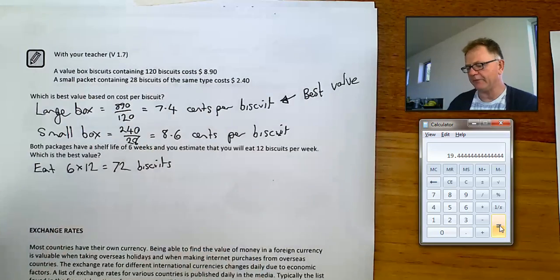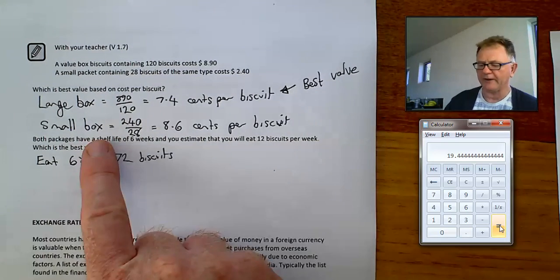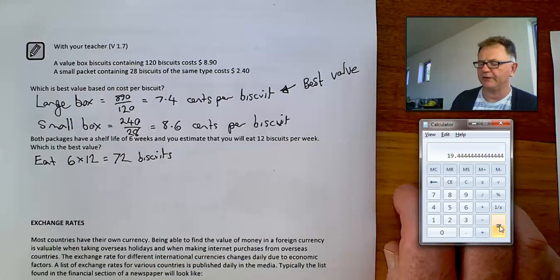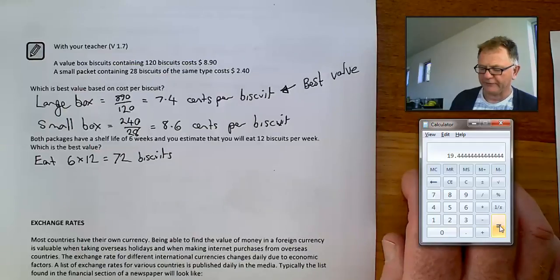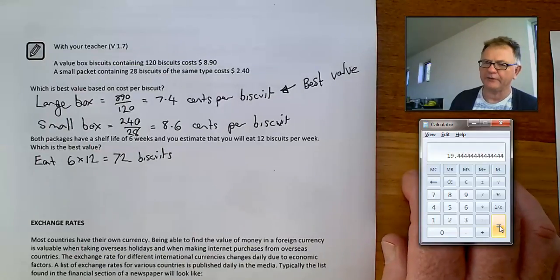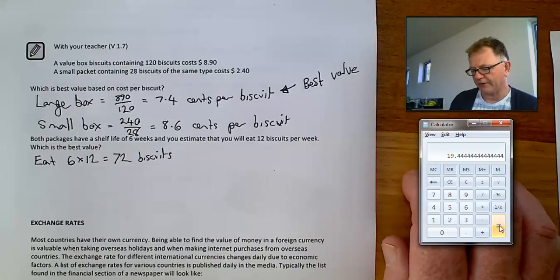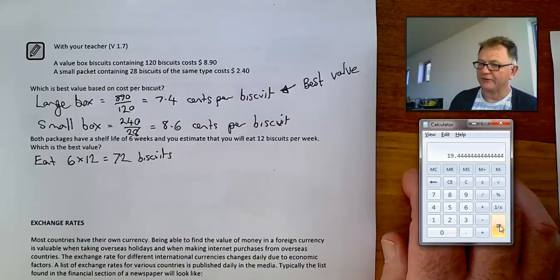Now that's no problem if we're buying them by the small pack. If we're buying them by the small pack with 28 biscuits in there, we'll buy them, they won't go stale, and we can buy another one, and then we can buy another one, and that's gone. They'll never go stale. If we're buying a large one though, from what we've calculated here, they contain 120 biscuits, but by the time we've eaten 72 of them, they'll be stale and we'll probably throw the rest out.